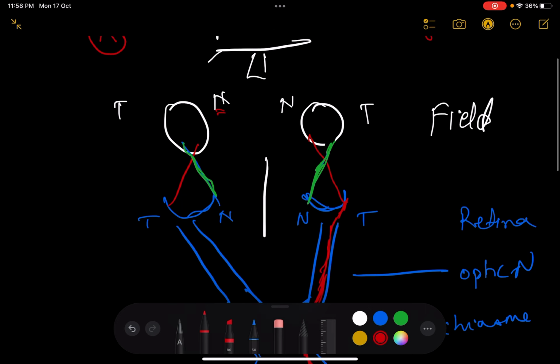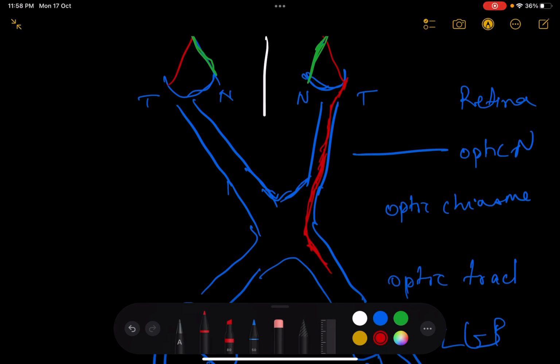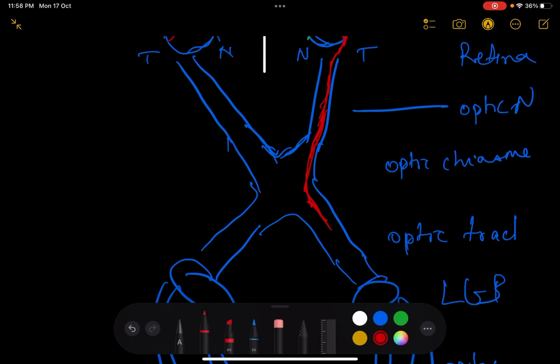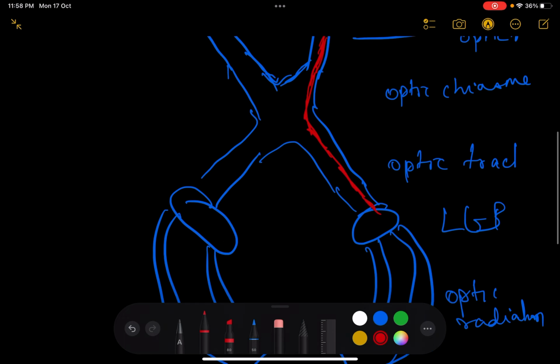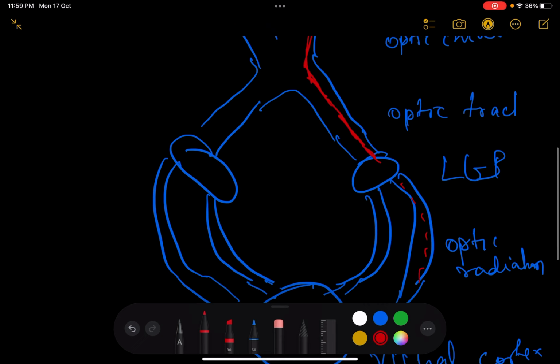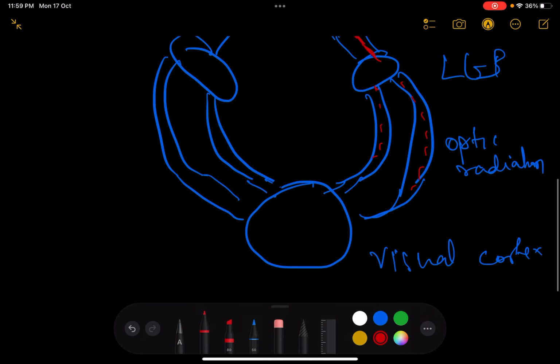So the left temporal optic nerve continues into the optic tract without crossing over, and it reaches the lateral geniculate body, and from there obviously into the radiations and into the cortex.